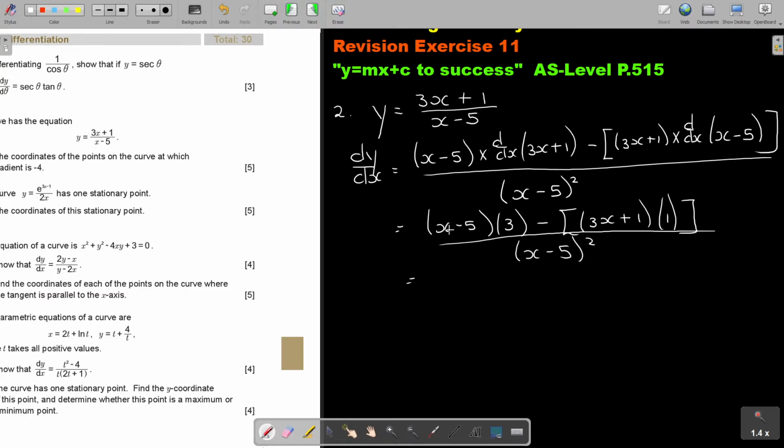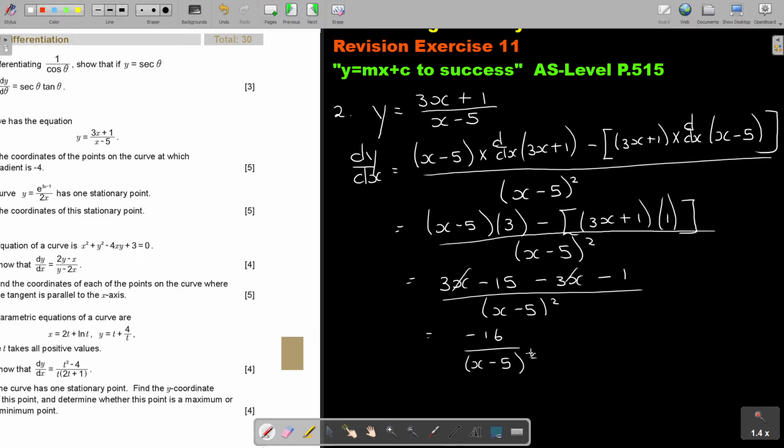Okay, so if I multiply this out, I will get 3x minus 15 minus 3x minus 1 over x minus 5 squared. So I cancel, and it's negative 16 over x minus 5 squared.